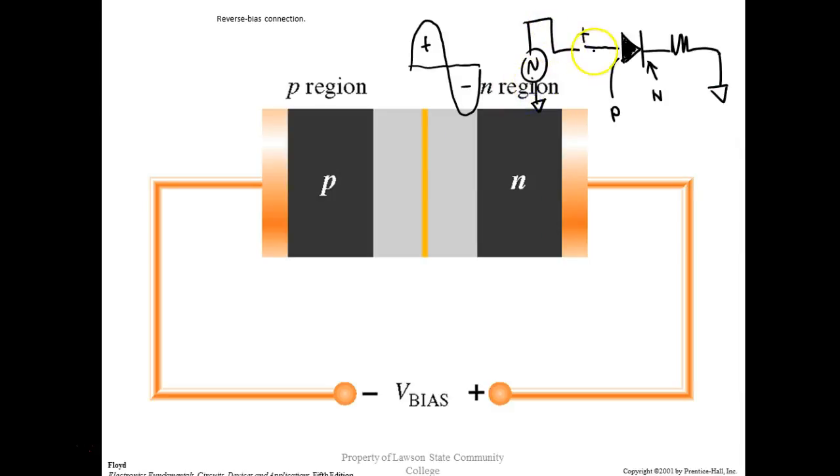During the positive polarity, I'm going to put a positive on the P, a negative on the N. This guy would be forward biased. It would conduct, right? Across my resistor, it would generate a pulse like this, almost the same amplitude as this.